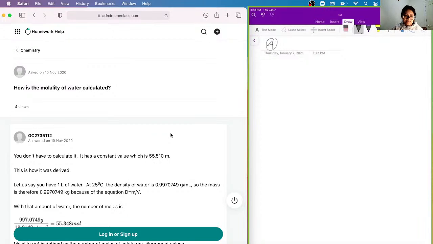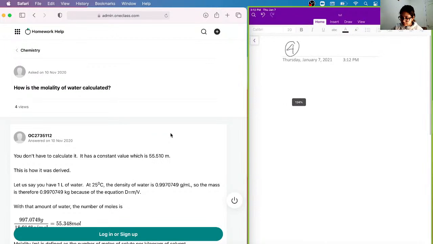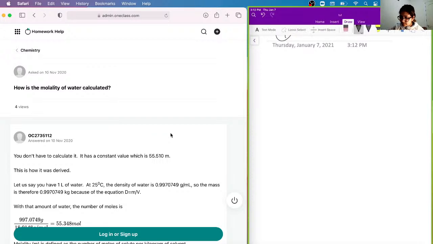Number 4, what is the molality of water calculated? Okay, so you don't really have to calculate it since it is a constant value, which is 55.510 molal, or molality basically. So this is how it usually works.